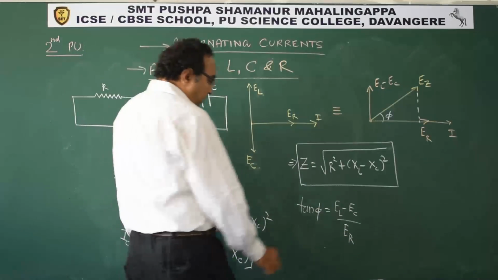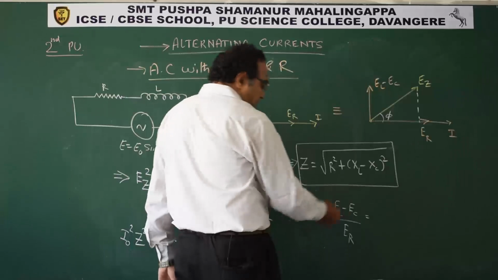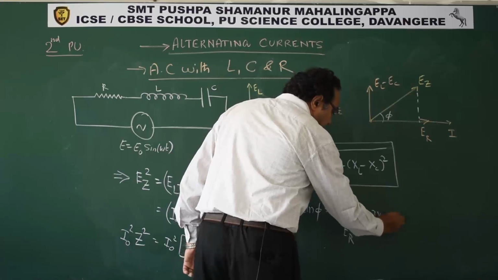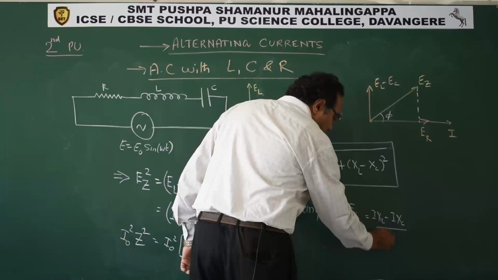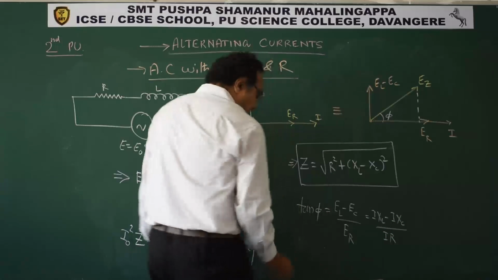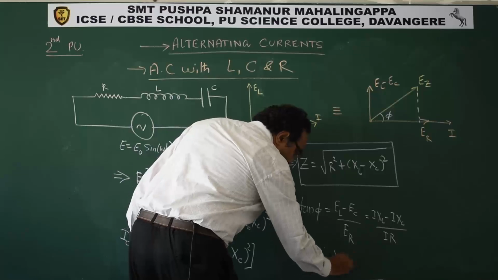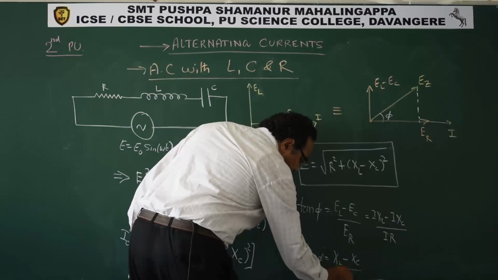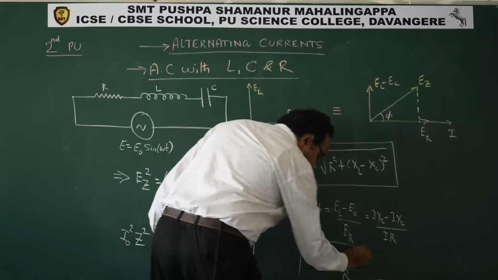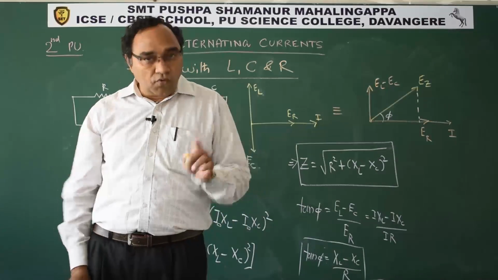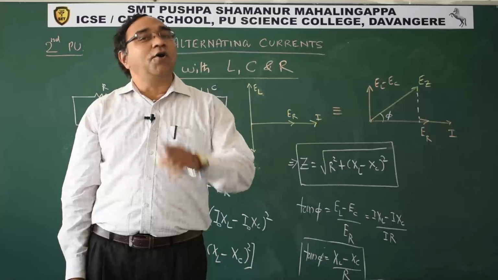So EL is, again we know, we have seen all the previous derivations, I into XL, I into XC, these things are known to you by now. So we can say tan phi comes out as XL minus XC upon R. See, this is how we can find out the angle by which the current would lead or lag.